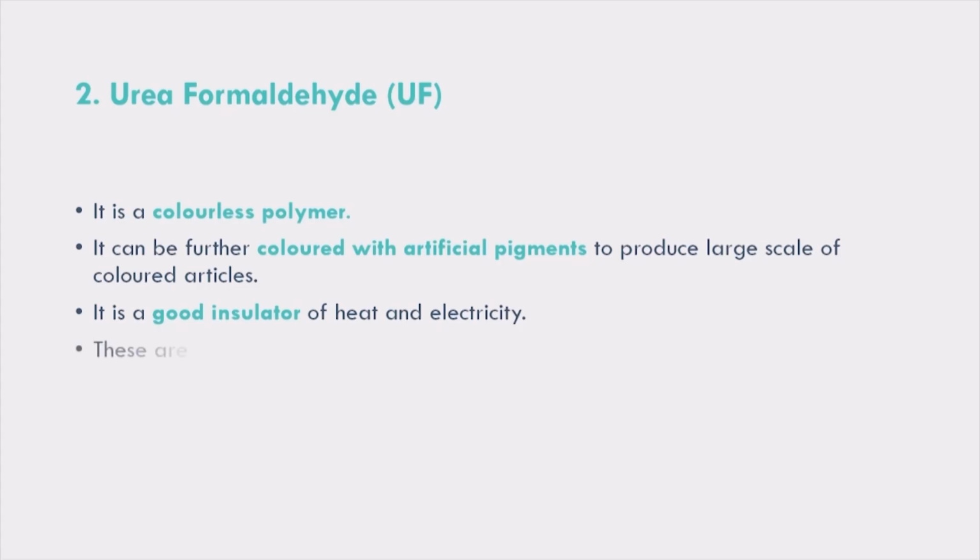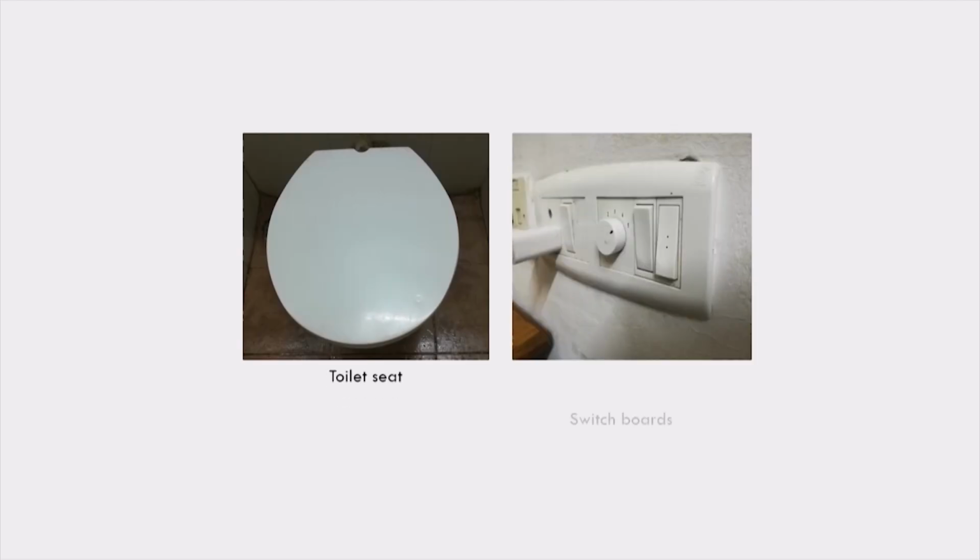These are harder than Bakelite. Toilet seats and switchboards are few examples.